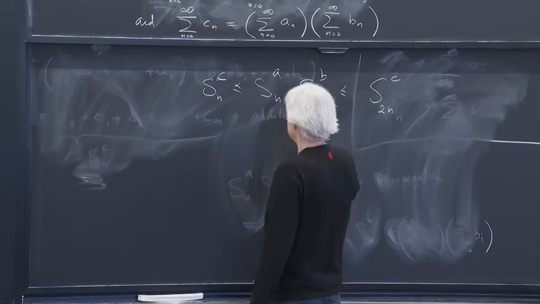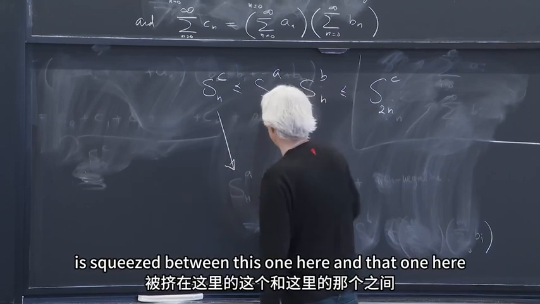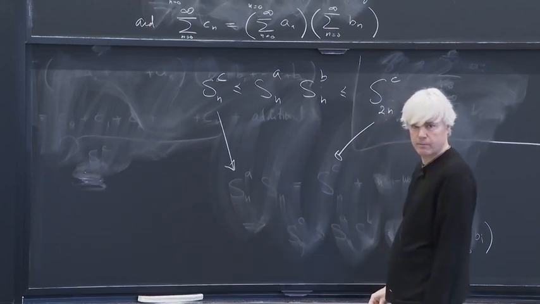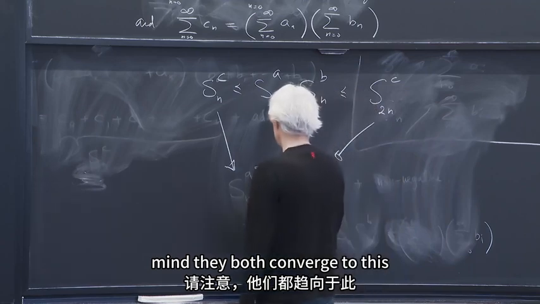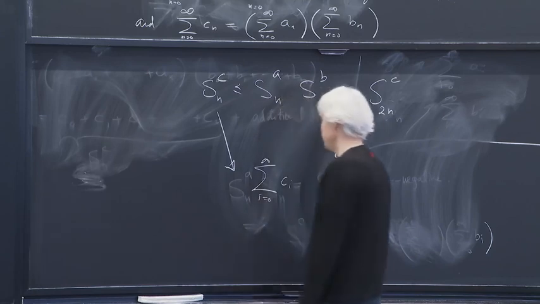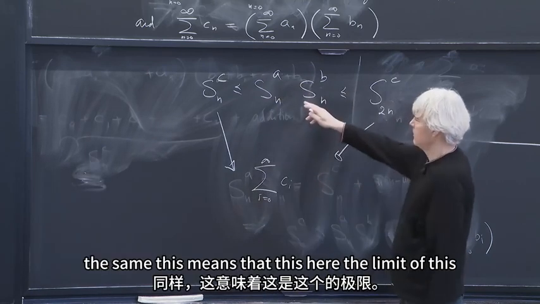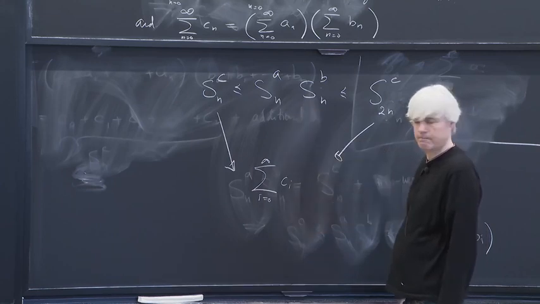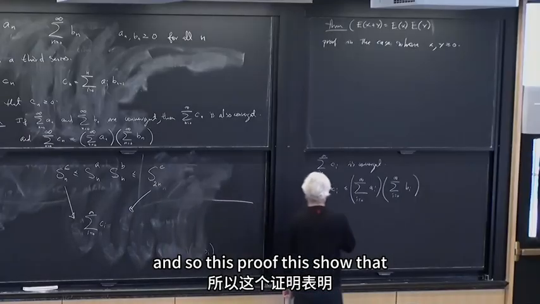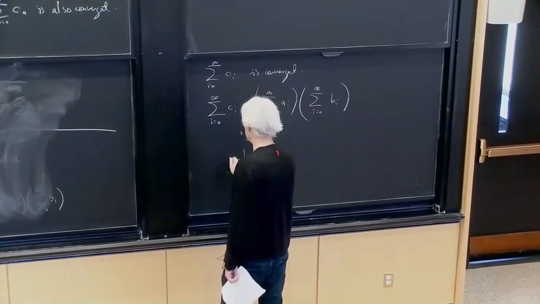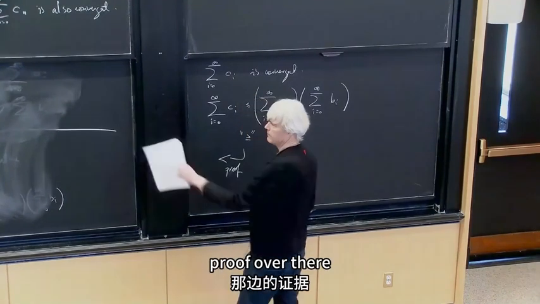This one here is squeezed between this one here and that one here. But both of these converge to the same thing, they both converge to this infinite sum. This means that the limit of this here must also be the same. And so this shows that this here is the reverse inequality. So that's the proof over there.